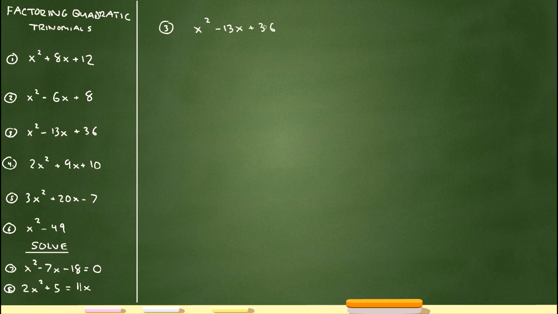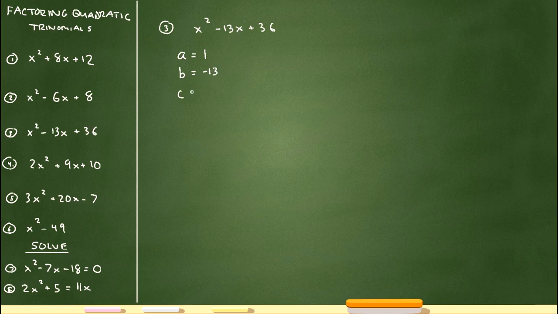Take a look at the a, b, and the c. Could you identify a? A is 1, right? B is negative 13, and c is 36. Now, let me go ahead and write this down, because a lot of students think that the x will come with the a or the b or the c, but really a is the number in front of x squared, which in this case is 1. b is the number in front of the x term, x to the first, which is negative 13.